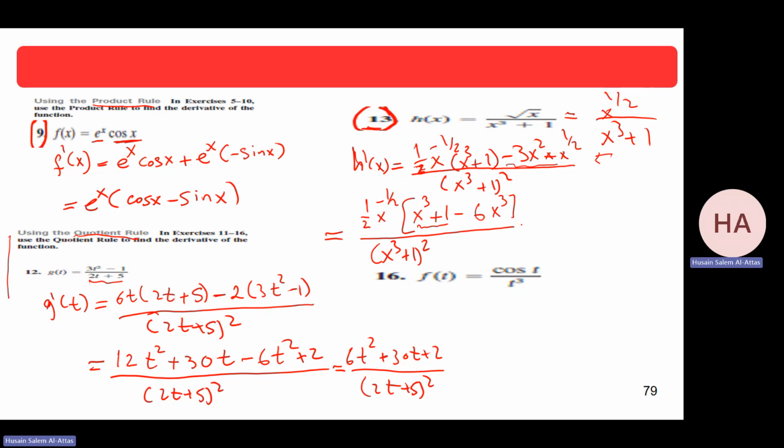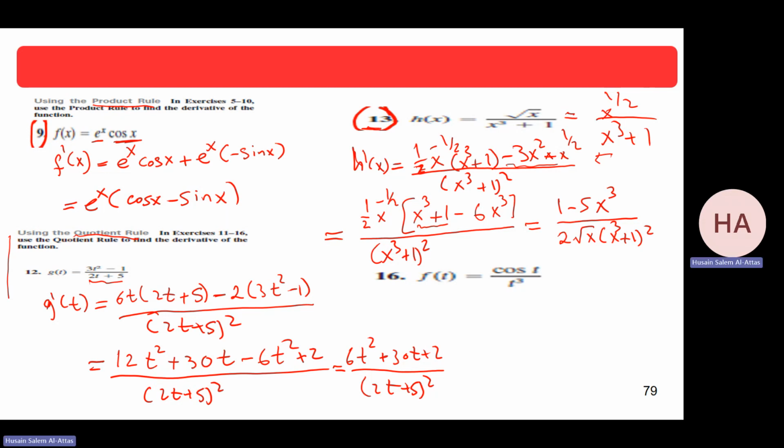So that will be, now the denominator will be what? 2. X to the power minus half, it will be the denominator, so I have square root of x times x cubed plus 1 squared. That will be the denominator. In the numerator, it will be what? 1 minus 5x cubed. That's it. So now I simplify it.